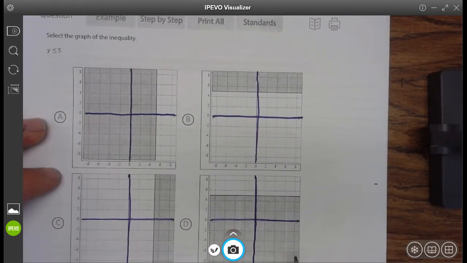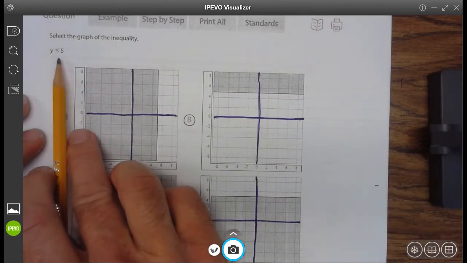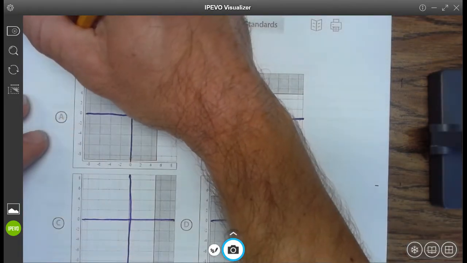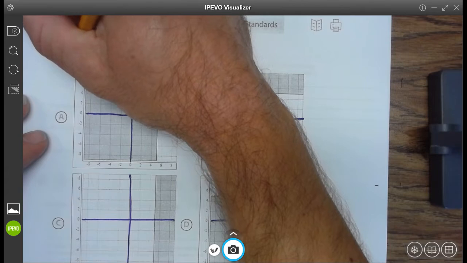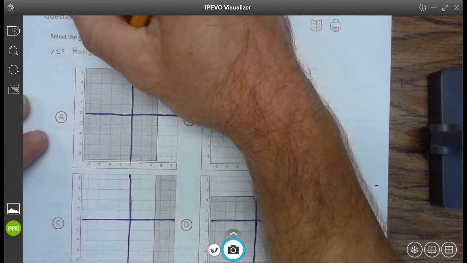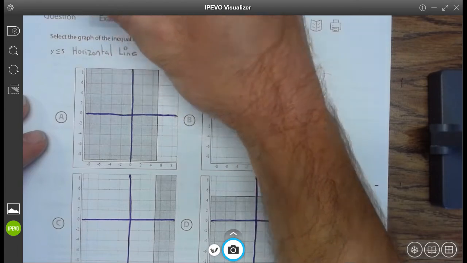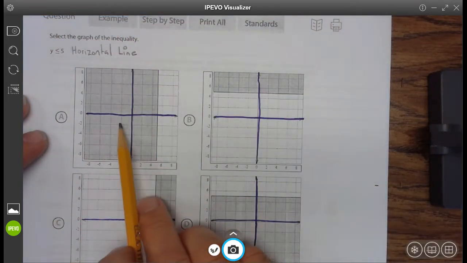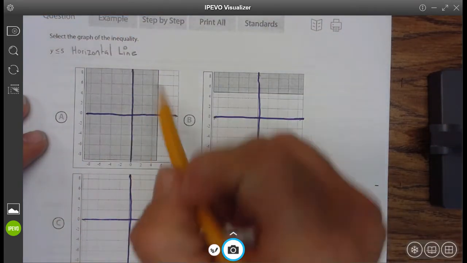Now y less than or equal to 5 is a horizontal line. So we know it's not A because this is vertical.